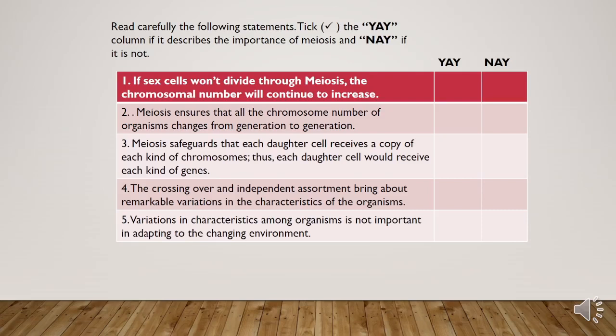And number 5, variations in characteristics among organisms is not important in adapting to the changing environment. Okay, all you have to do is just tick the yay column if it describes the importance of meiosis, and nay if it is not. You have 5 seconds to answer.